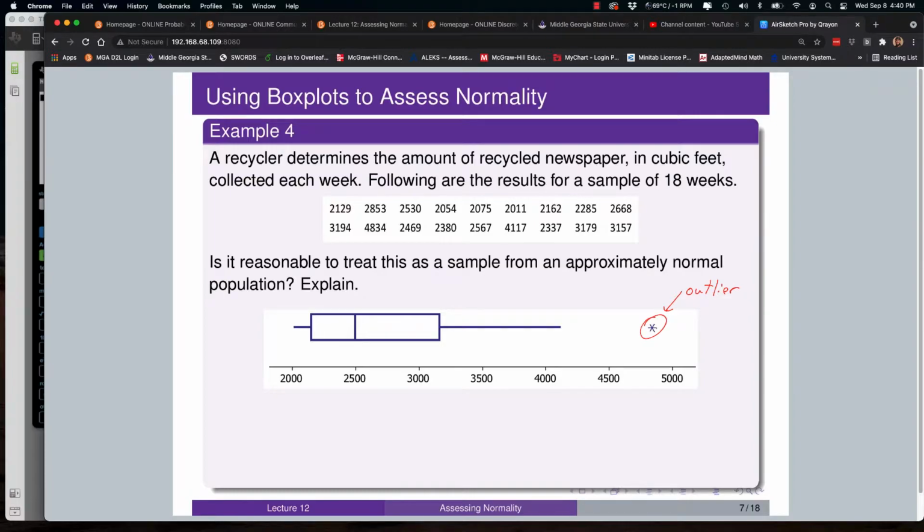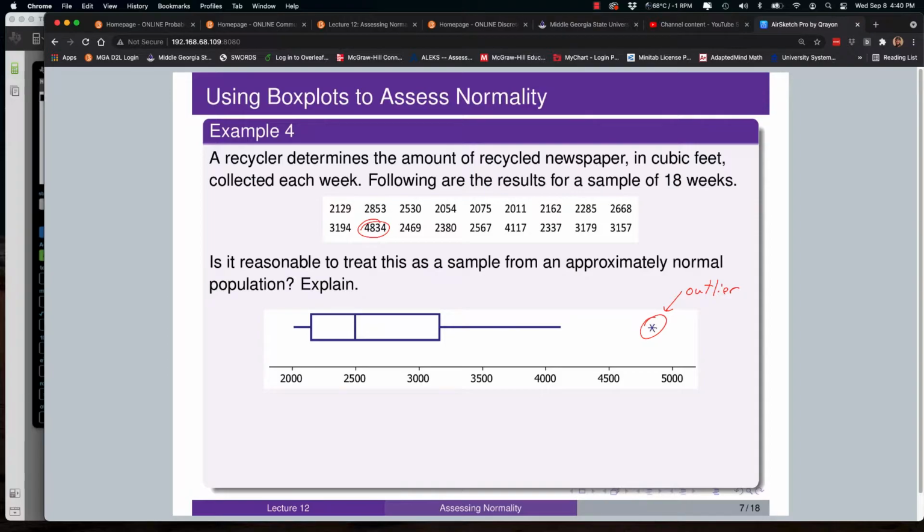But a caution again, when we remove outliers, it's very possible that this outlier is a legitimate data value they got. There was just more recycling that week, collected just because, and that's this 4834 value here. Maybe that was a celebratory week and people had a lot more recyclables than usual.